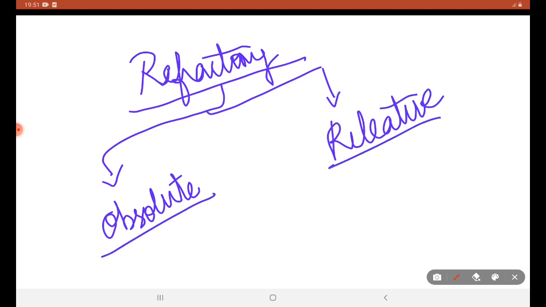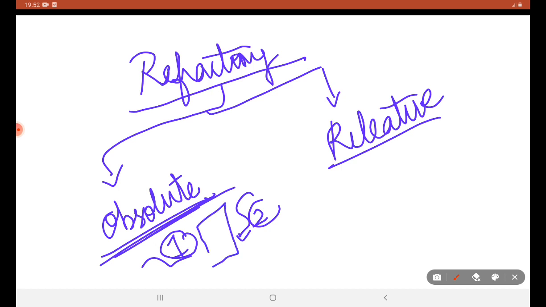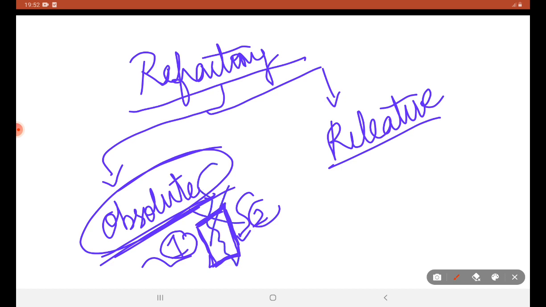In the absolute refractory period, between the first stimulus and the second stimulus, there will be an empty gap, a left time period called the absolute refractory period. In this period, there can be no stimulus.